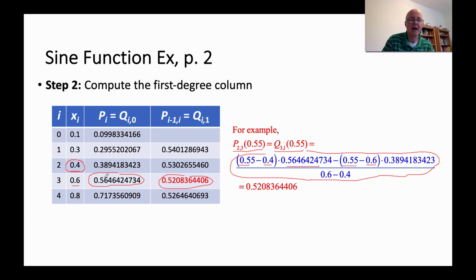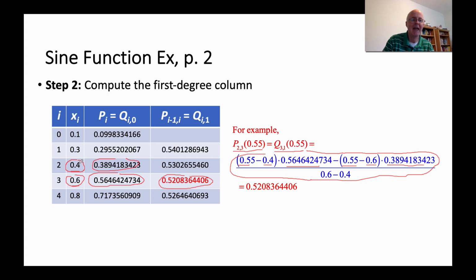So you multiply this times this, and then subtract what you get when you take 0.55 minus 0.6 times this one. The 0.3894 is right here. So you're kind of going kitty corner, so to speak, diagonally in the matrix.